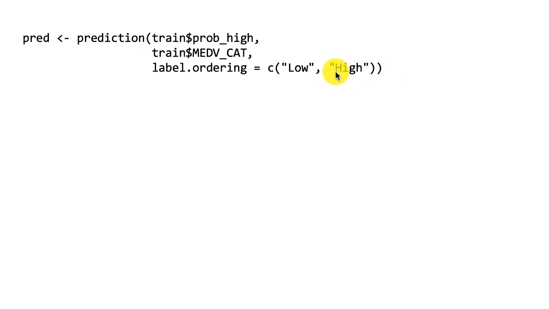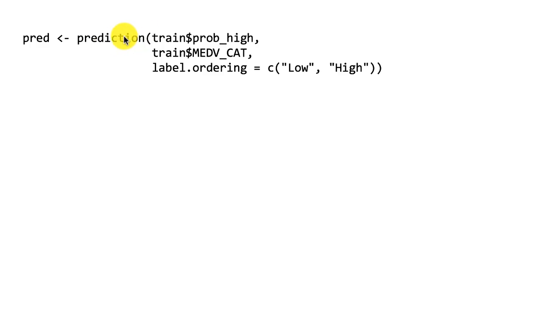If we didn't do that, alphabetically, it would have treated low as the positive class, because alphabetically H, I, J, K, L, L comes after H, so L becomes greater, and therefore low would have got treated as the positive class. We don't want that, so we are explicitly indicating that high is our positive class.